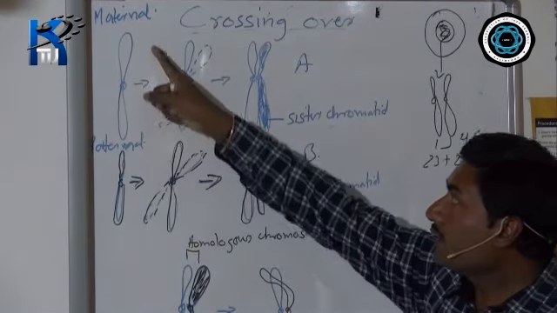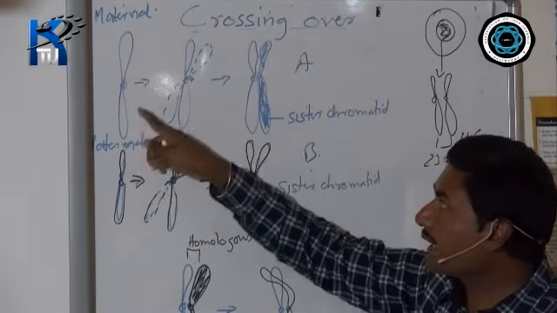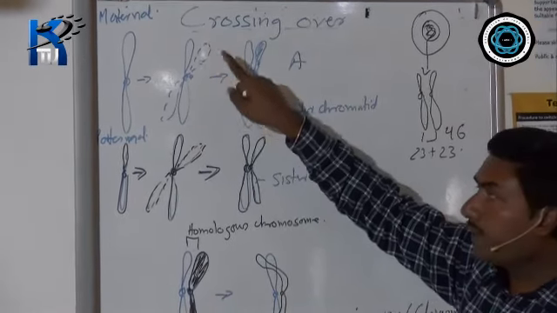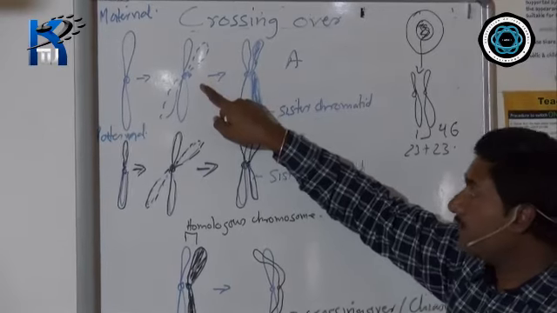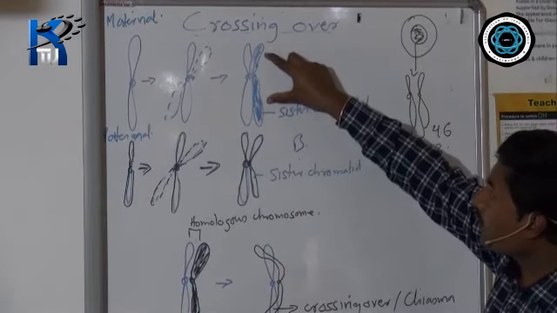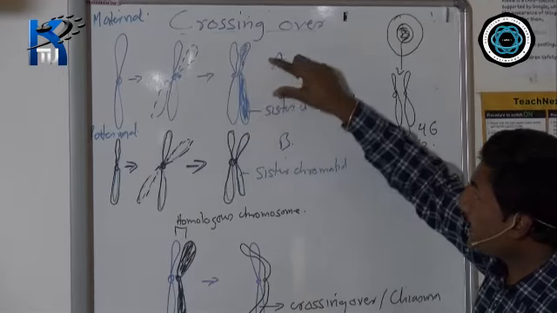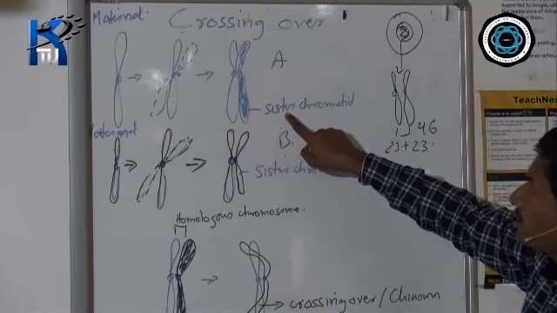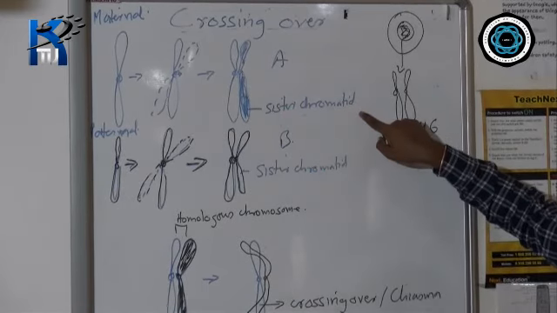Now what will happen? First of all, let's take the maternal part. When it forms a replica, when it is undergoing mitotic division, during that time a duplicate copy gets formed. This one is identical to this one. The shaded part is identical to this one. I call it sister chromatid.